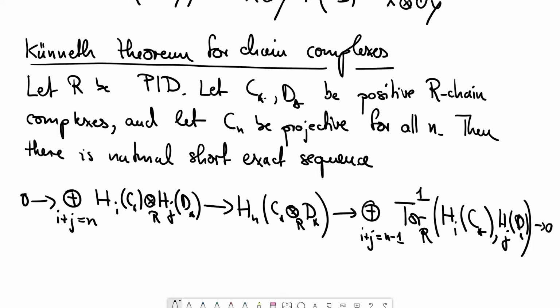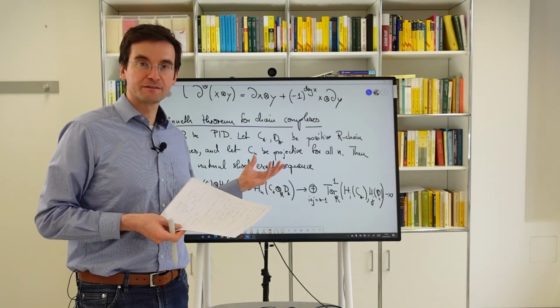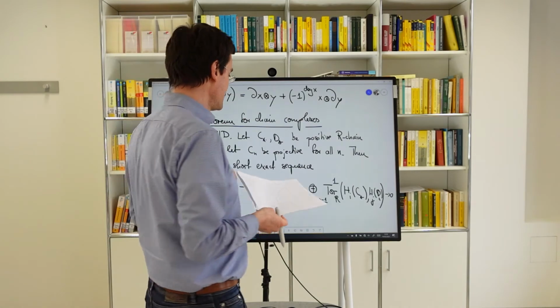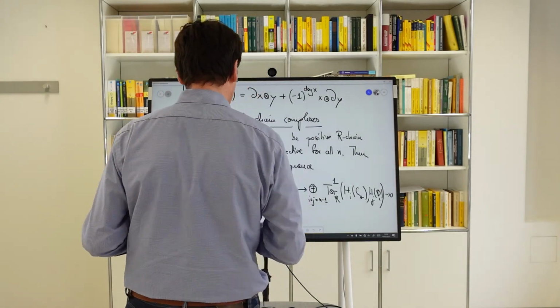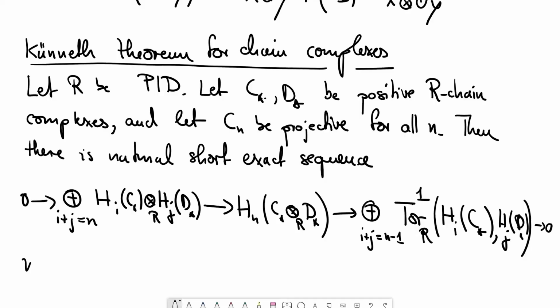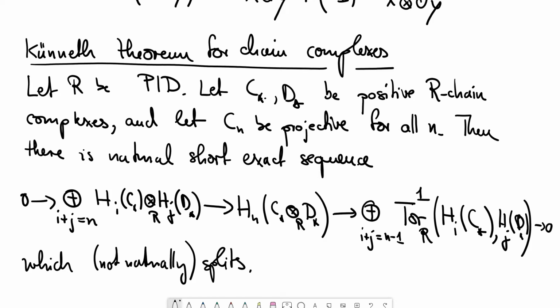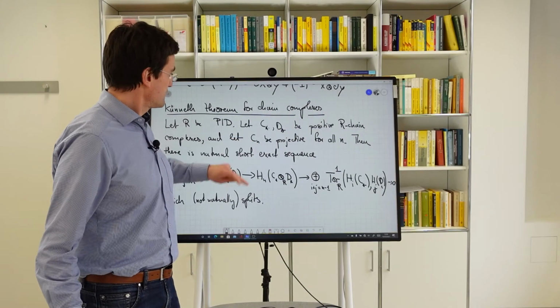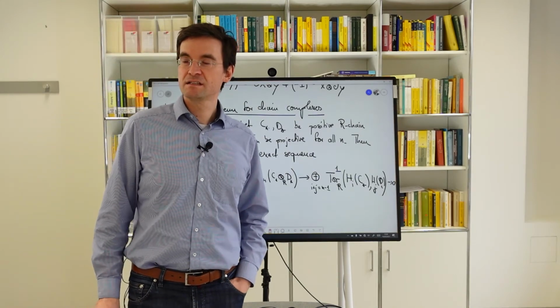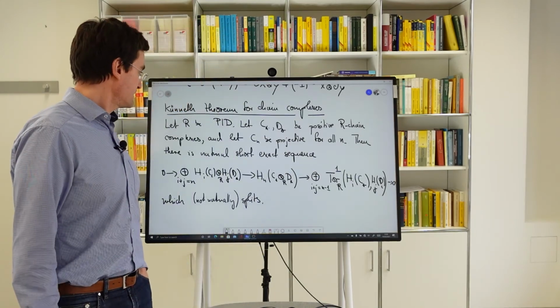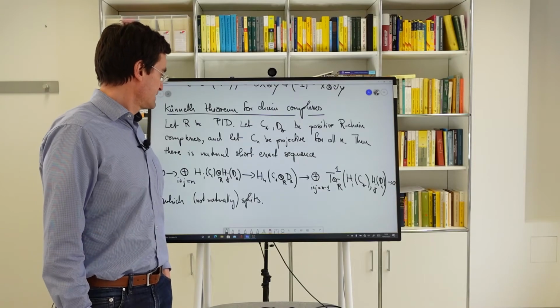So we have this sequence, and similarly as before, this sequence also splits, but in a not necessarily natural way. So this time this means neither in C nor in D is the splitting natural.